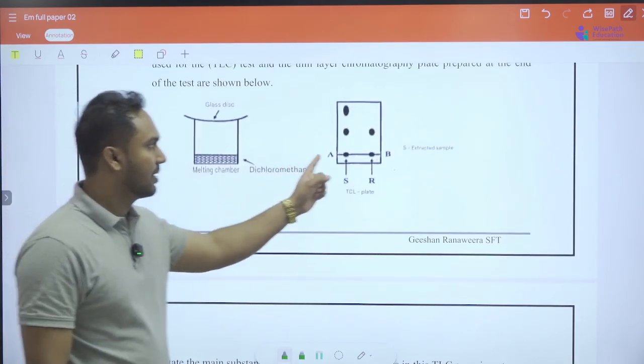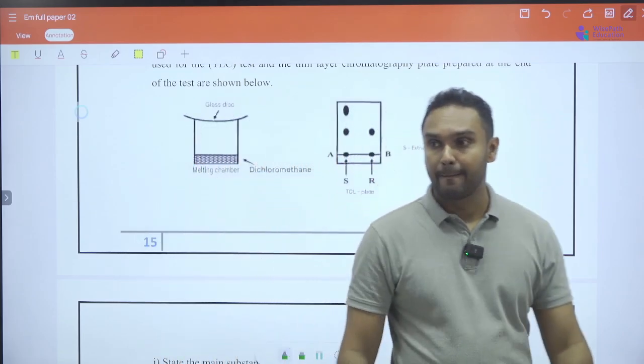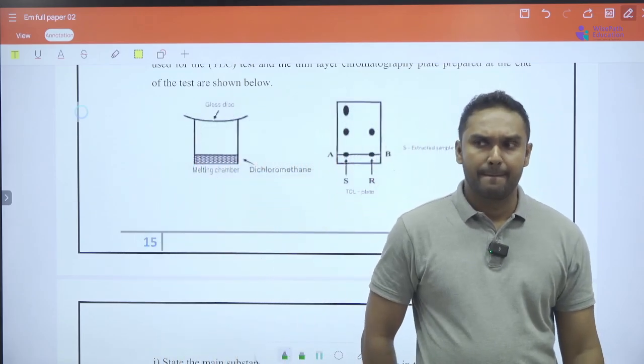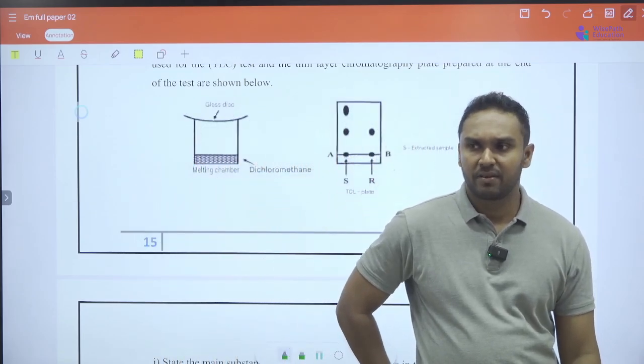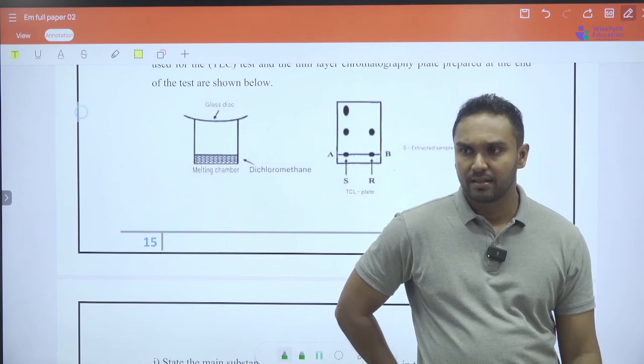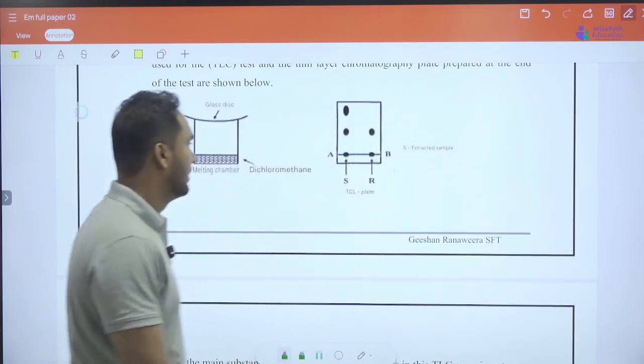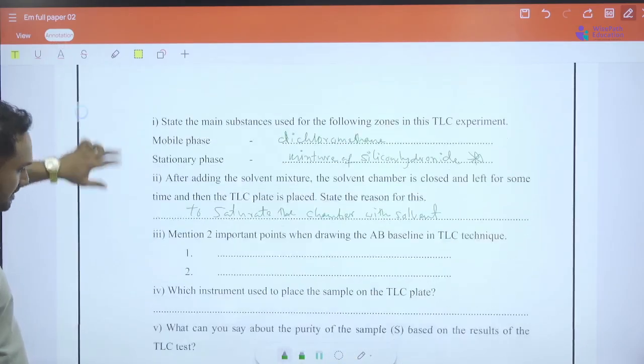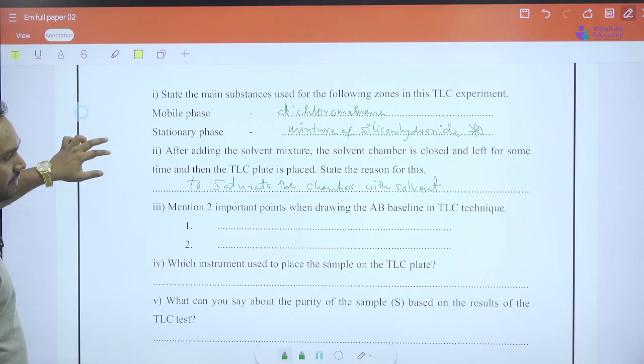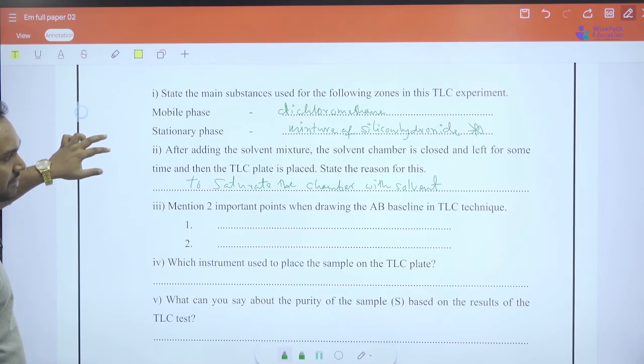This one. That's 1.5 or 1 centimeter. 1.5, right? Solvent height 1 point. So that's 1.5 centimeters. That is the main reason.